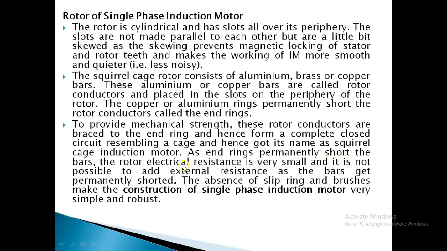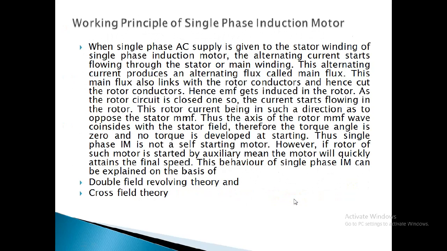As the end rings permanently short the bars, the rotor electrical resistance is very small and it is not possible to add any external resistance. The absence of slip rings and brushes makes the construction of the single phase induction motor very simple and robust.